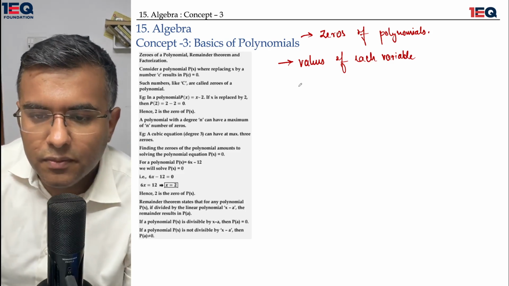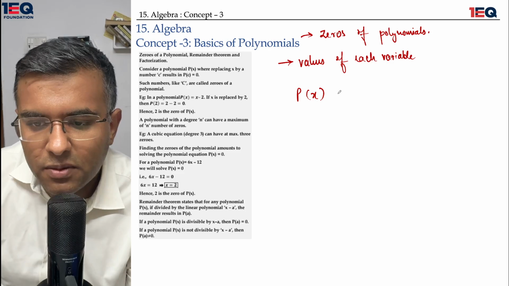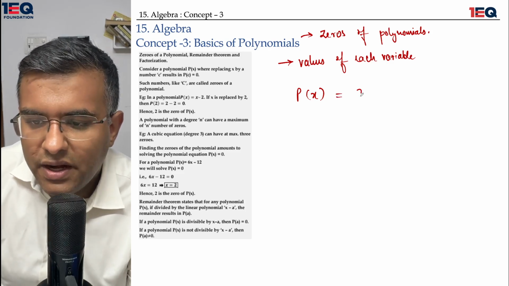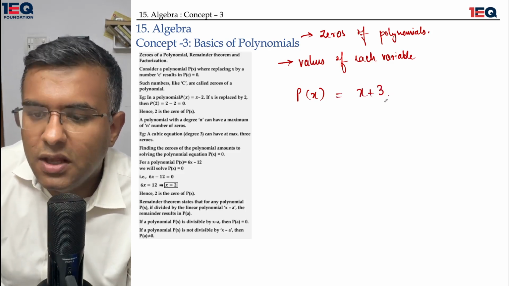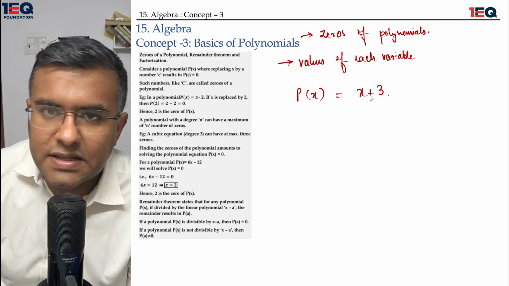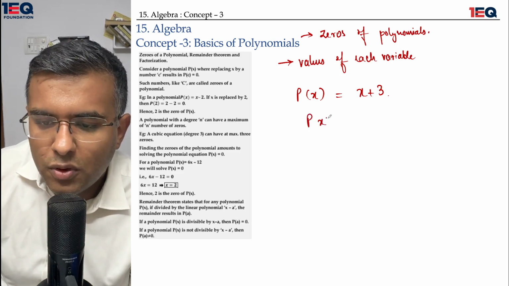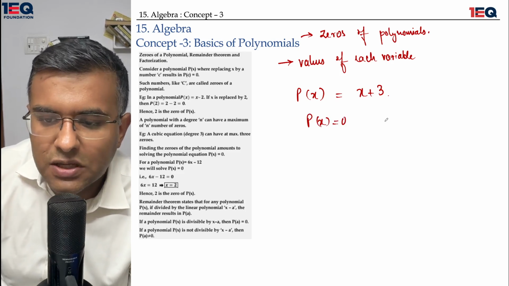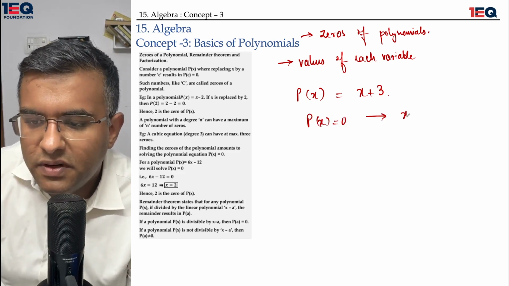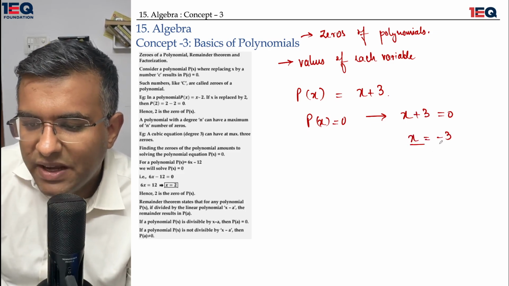Say the equation of a variable, p(x), is defined as x plus 3. Now I need to find the value of x in this equation. So we put p(x) equal to 0 and solve it: x plus 3 is equal to 0, and the value of x is equal to minus 3.